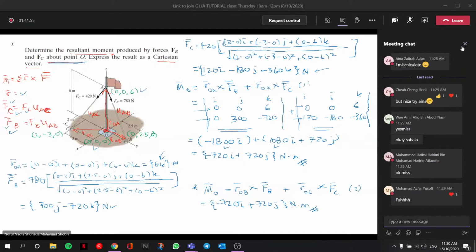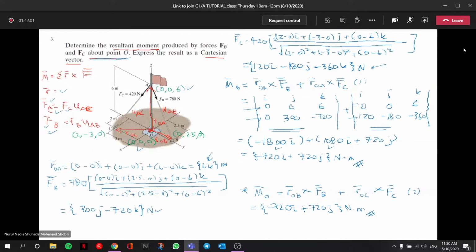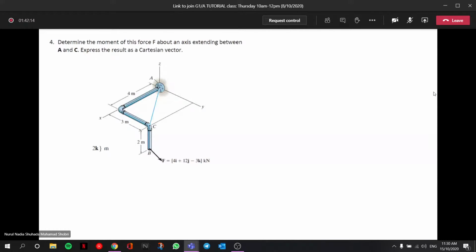If you are okay, we will move to the last question. So this is the last question. Take 5 or 10 minutes to solve it, and then we will discuss the answer together.